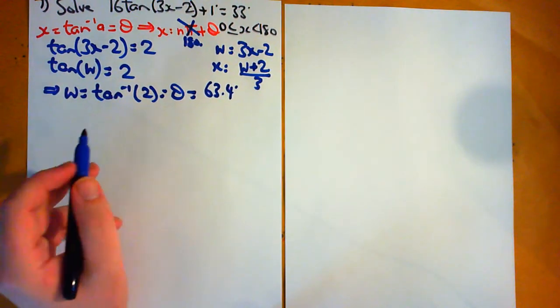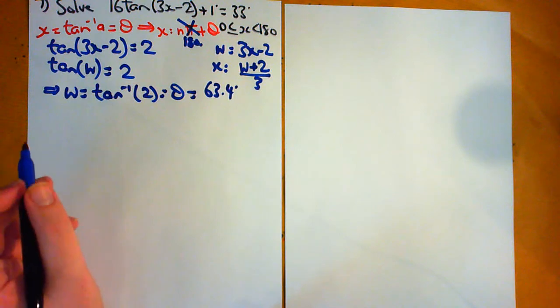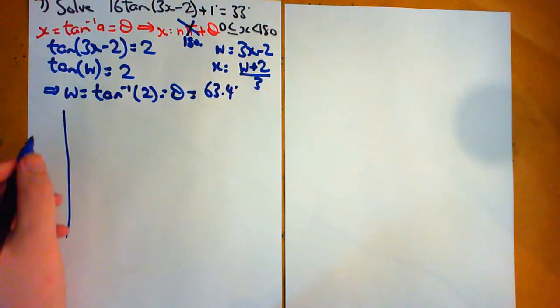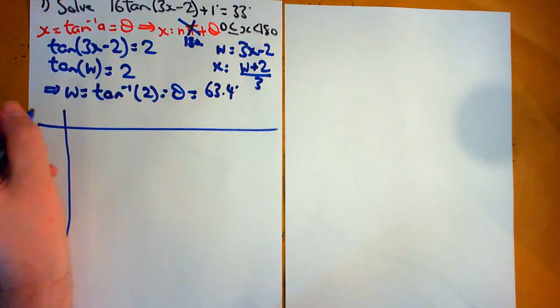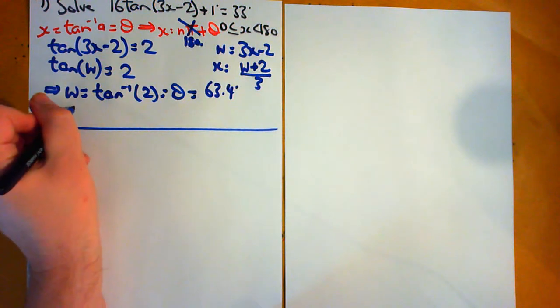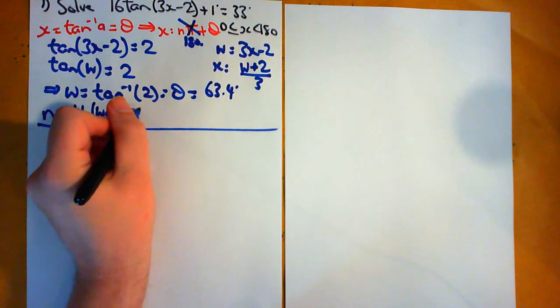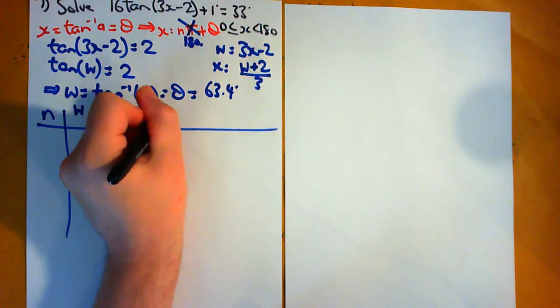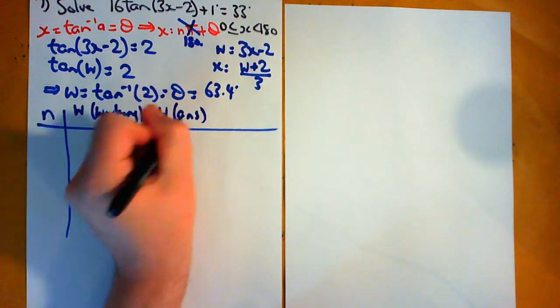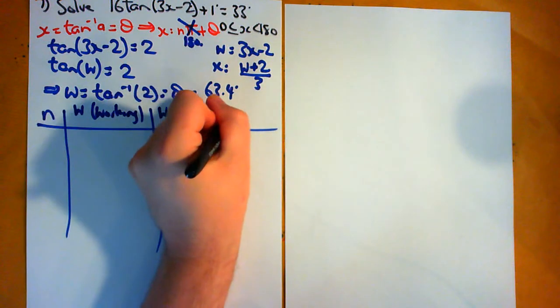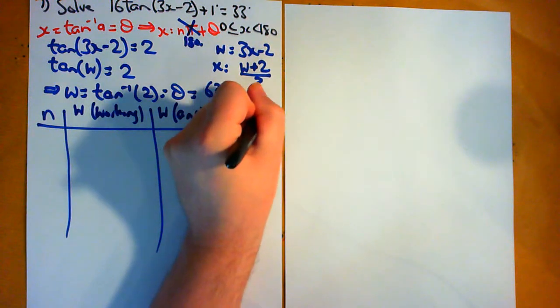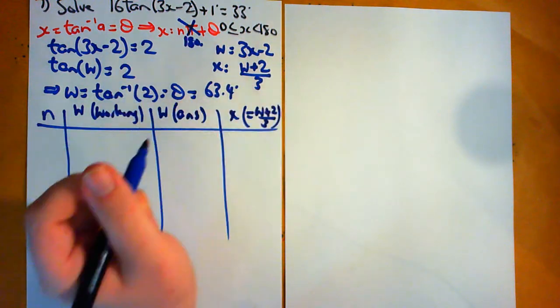So now that we've got our value of theta, we're ready for the table. So we've got a column of n values, a column of W working, a W answer, and an x, which is (W + 2)/3.